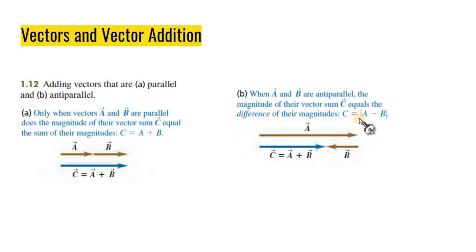So that is the absolute value of A minus B. That is the magnitude of C, and the equation still applies: vector C equals vector A plus vector B. But the magnitude of vector C equals the absolute value of A minus B. So you can do that directly when the vectors are anti-parallel, or when their directions are opposite.